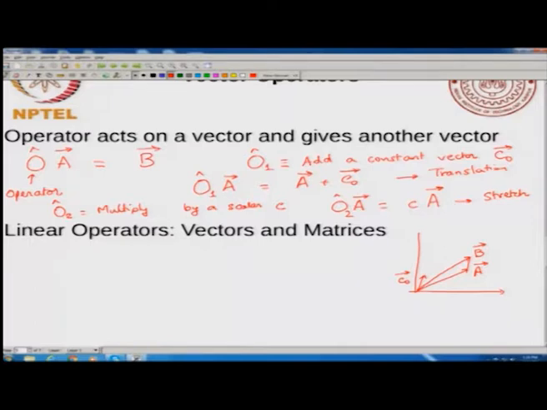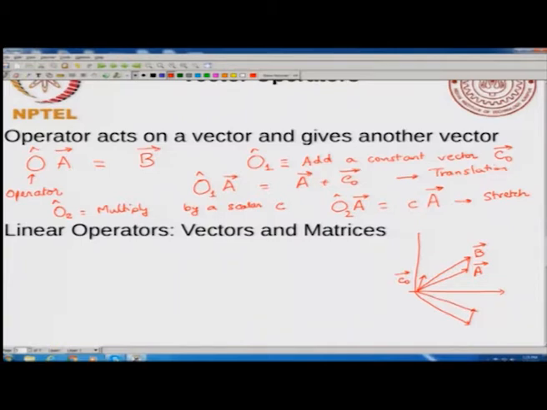So what it did is it took this vector and moved this point up in the direction of C0. Suppose I had some other vector A, it would do the same thing, it would again move it up in this direction by this point. So the new vector will be this.